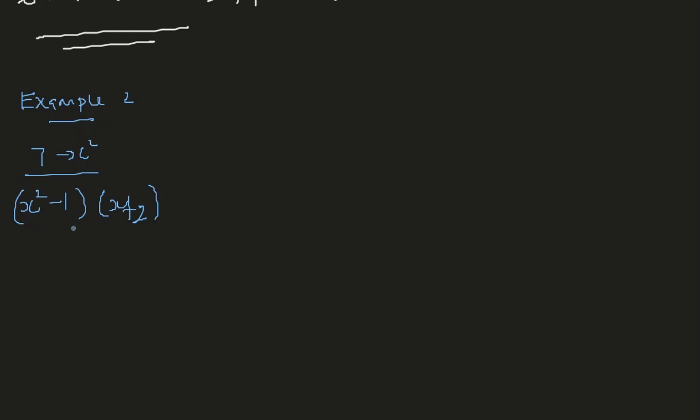So can x squared minus 1 be expressed in terms of distinct linear factors? Yes, because I'm seeing a difference of two squares, and we know that x squared minus 1 is the same as x plus 1 into x minus 1.